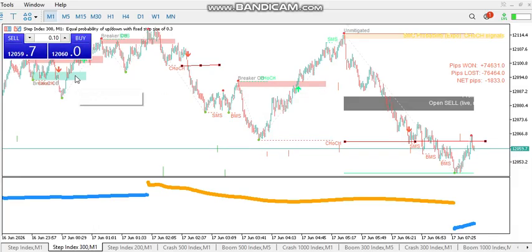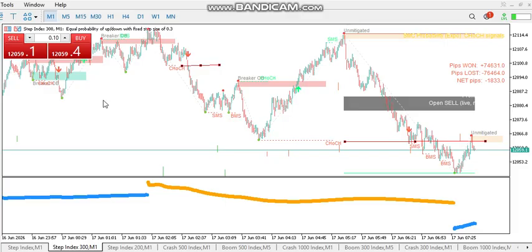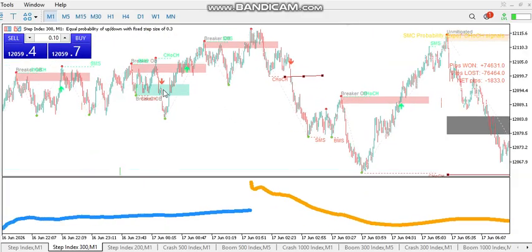And once you have your breaker level on a light green color like what we have here, it simply means it is an uptrend breaker. So you can see we have a downtrend breaker, downtrend breaker, downtrend breaker.